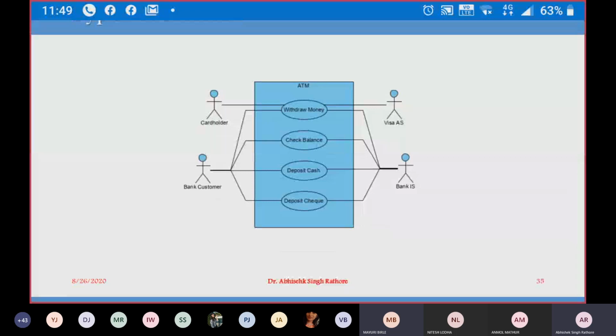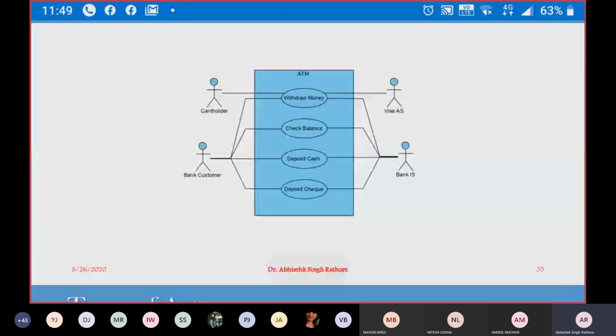Okay, fine. So from my side, I am saying that, just wait a minute. A card holder is a primary user who gets services like withdrawing money, and usually we are the card holders of a banking system or the ATM system.